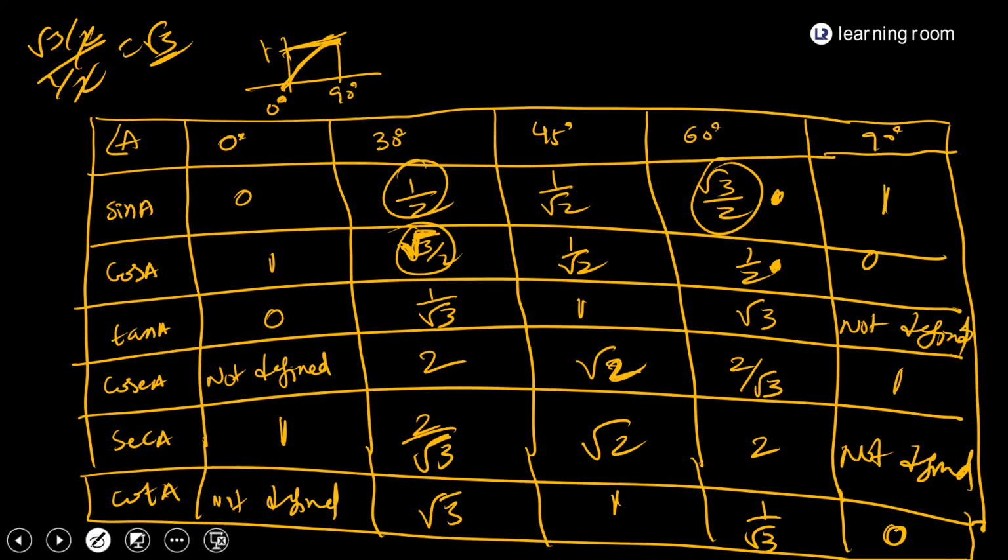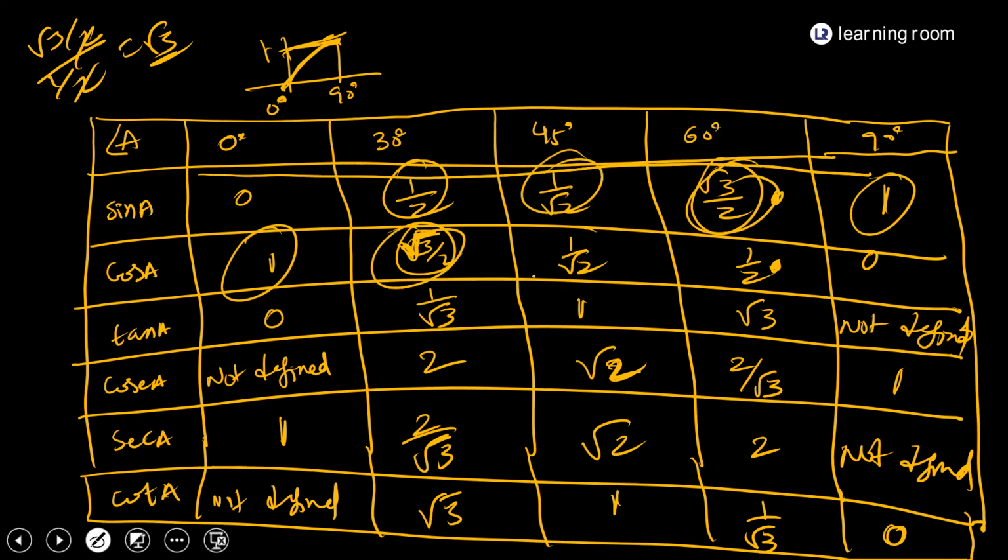So let's say what's happening with sin A from 0 to 90: it is going from 0 to 1, increasing. If you know the sine table, for cos you need to just reverse it. So 1 will be here, root 3 by 2 here, 1 by root 2 here, 1 by 2 here, 0 here, just reversing it.